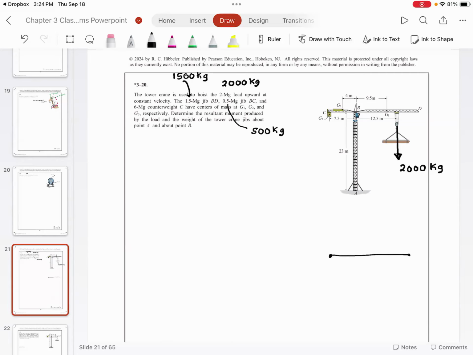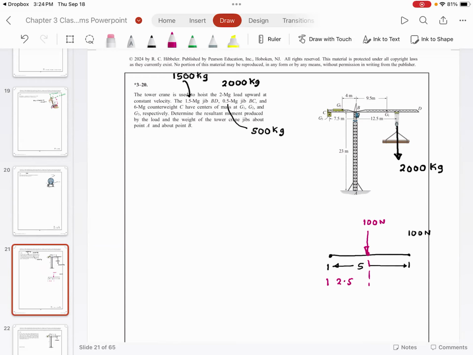As an example, if you have a distributed load of maybe 100 Newton, and this length is 5, then this total load of 100 will be located at 2.5. You agree with me?